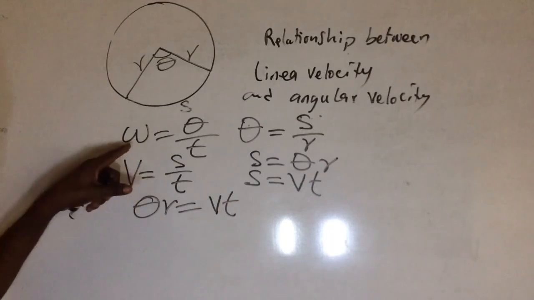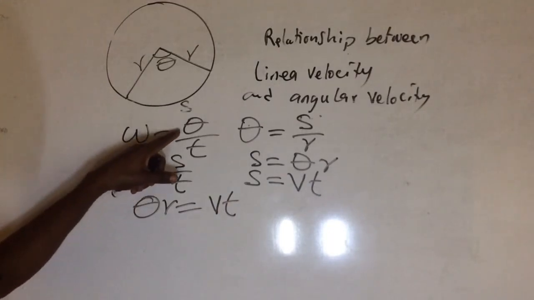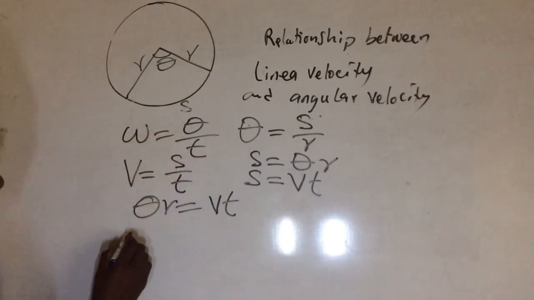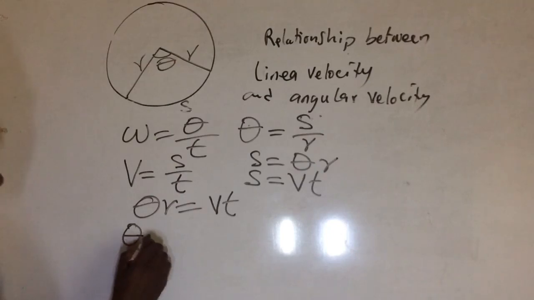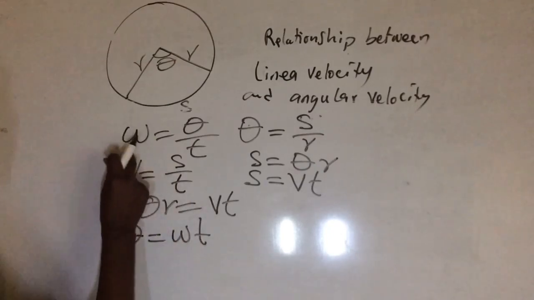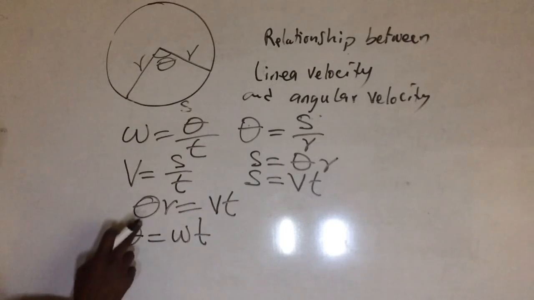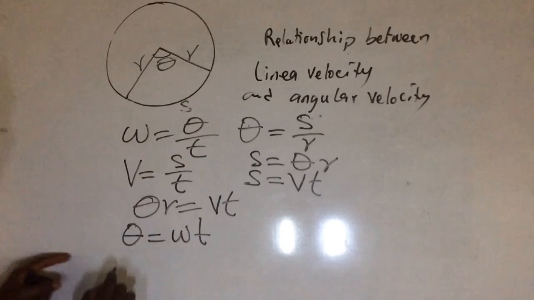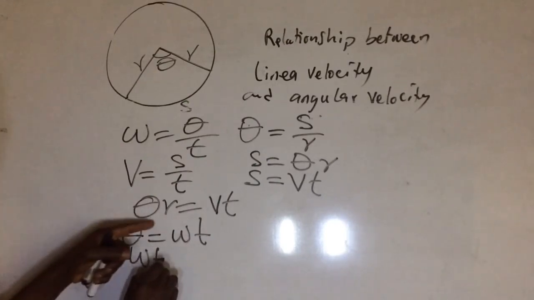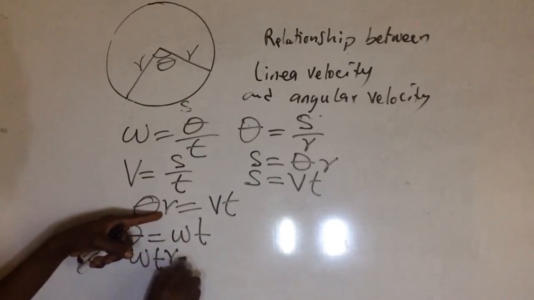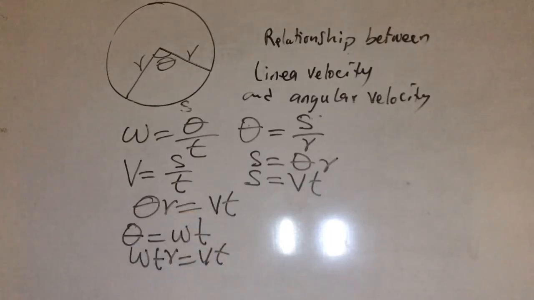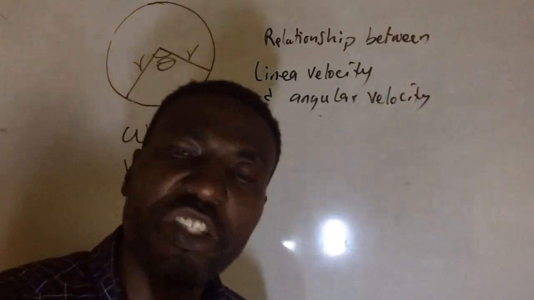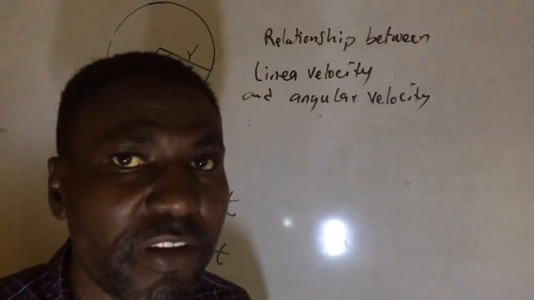But from the formula, angular velocity is equal to angular displacement all over time. From here, we have theta equals wt, making theta the subject of the formula. Therefore, we replace theta with wt, and we have wt r equals vt, okay? Remember, what we are treating is the relationship between angular velocity and linear velocity.